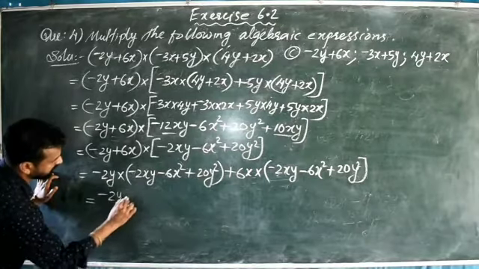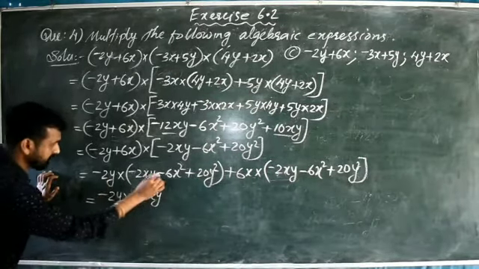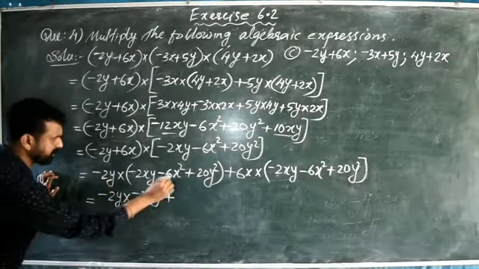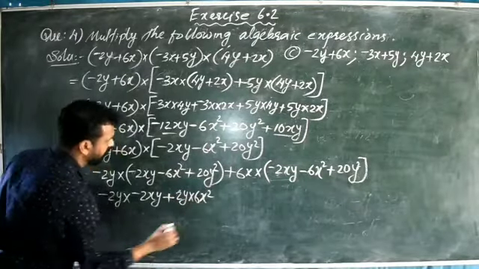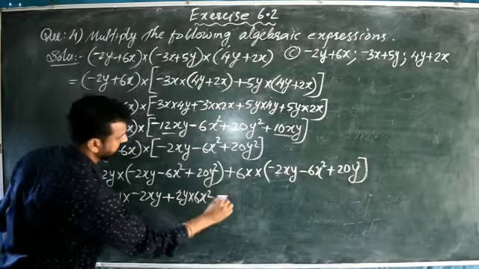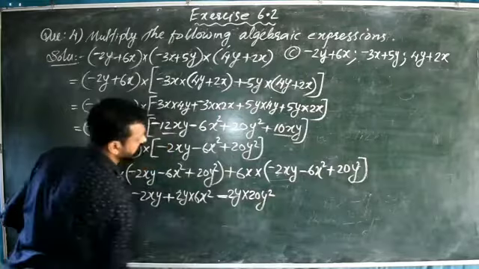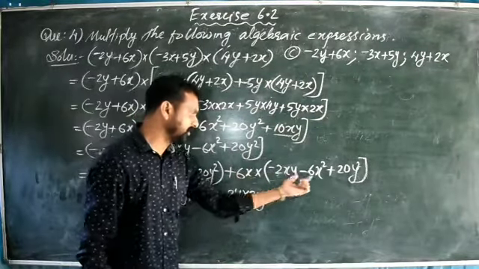Minus 2y into minus 2xy, minus into minus, plus. 2y into 6x square, minus into plus, minus. 2y into 20y square. So that we have multiplied. Next one, second monomial into trinomial.